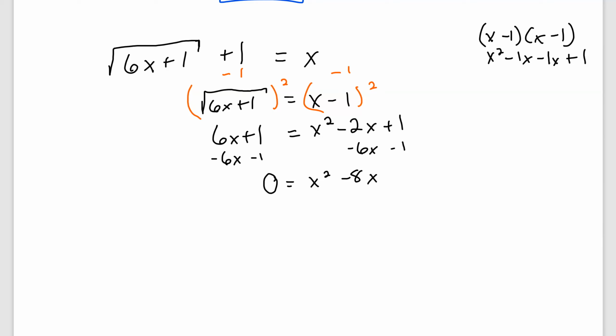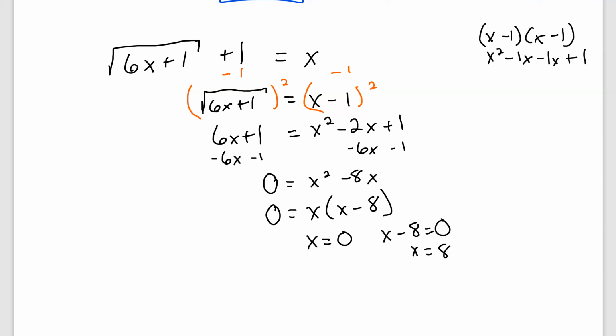I will factor out my greatest common factor, which is an x, and I'll get x times x minus 8, and I will set each of those equal to 0. So I'll get x is equal to 0, and x minus 8 is equal to 0, so x is equal to 8.